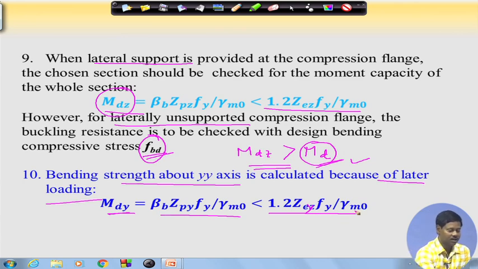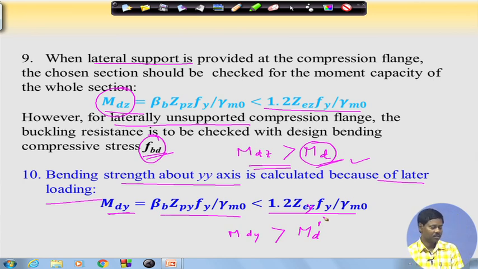And this MDY also has to be less than MD dash. MD dash is the maximum bending moment due to lateral load. So, that has to be checked.